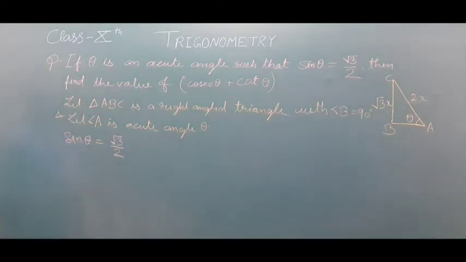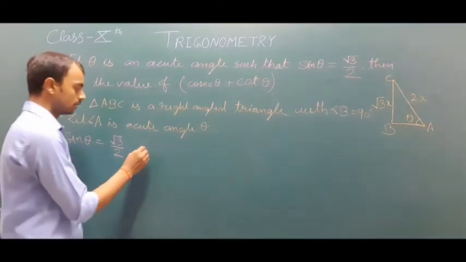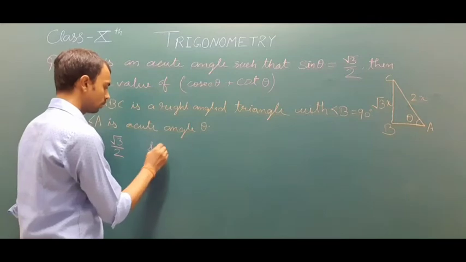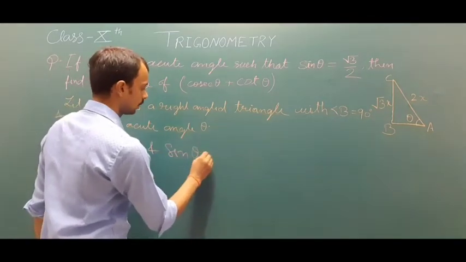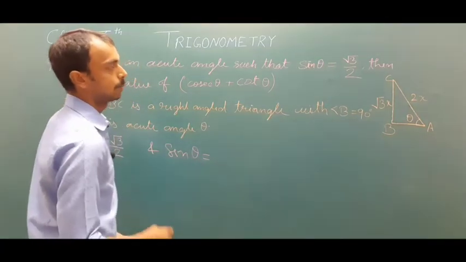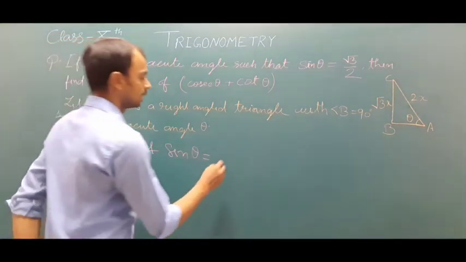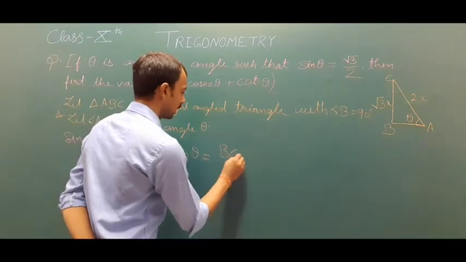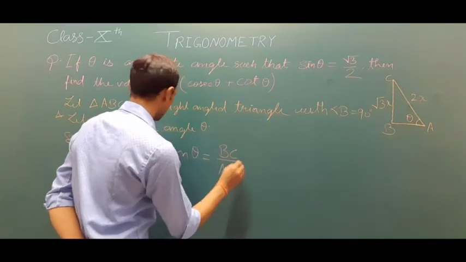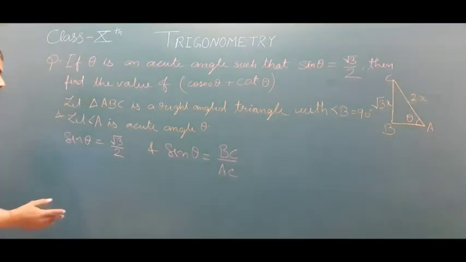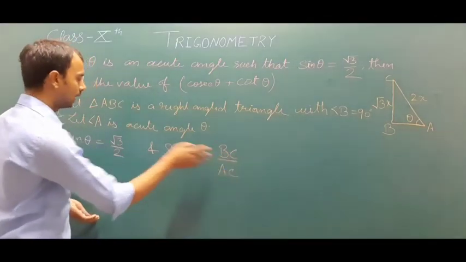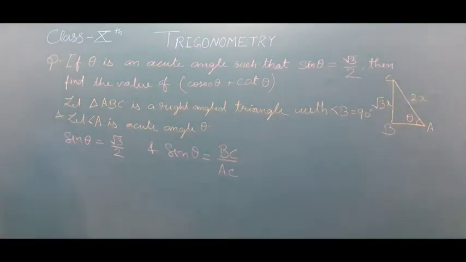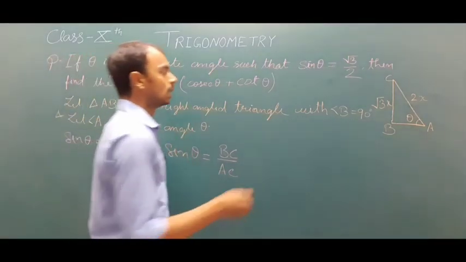And from the figure, sin theta is what? Opposite side upon hypotenuse, that is BC upon AC. So don't compare these two equations and write directly that BC is equal to root 3 and AC is equal to 2, because it is a ratio.